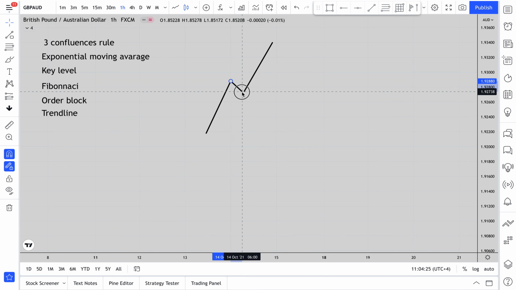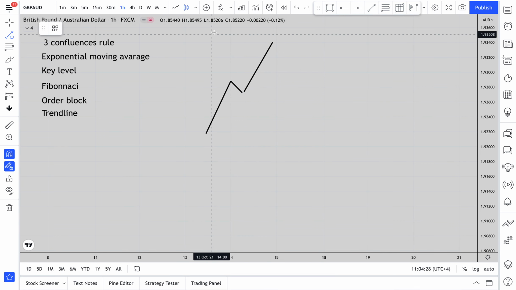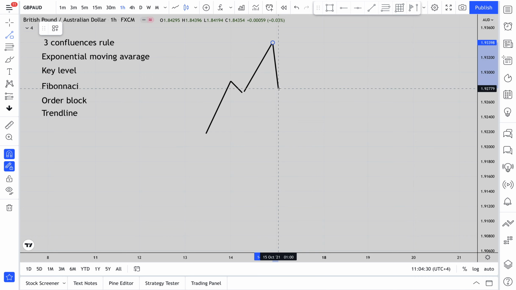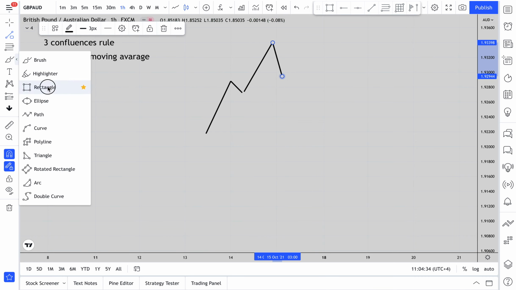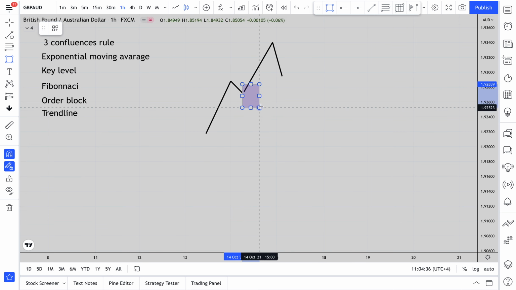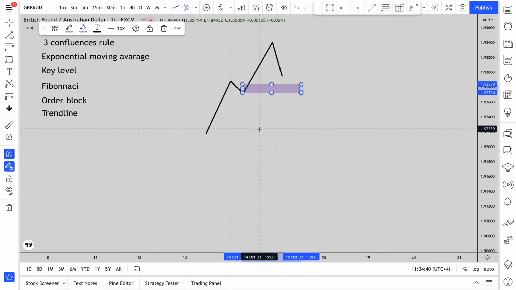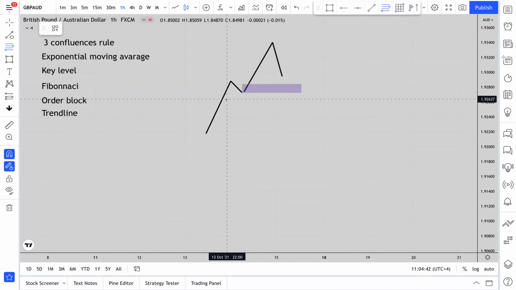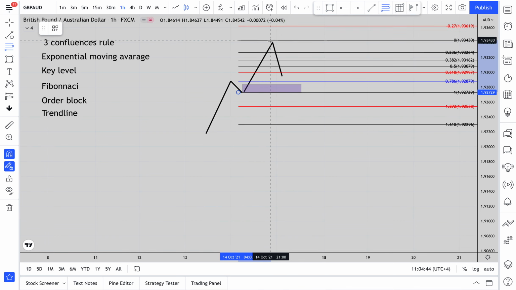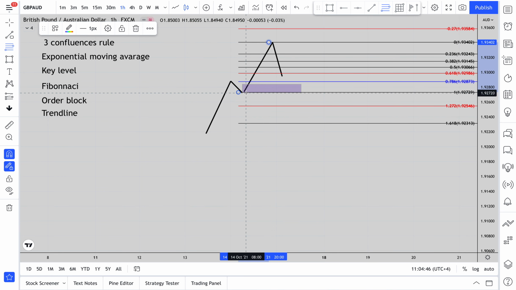So let's say we have this setup and the market starts to fall. And let's say we have an order block over here. Then let's say we have this fib. Let's move it a little bit so it makes more sense.